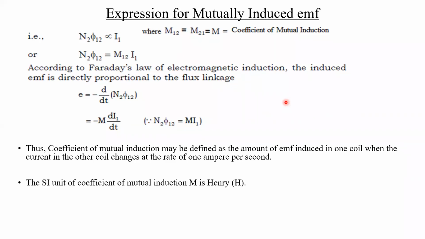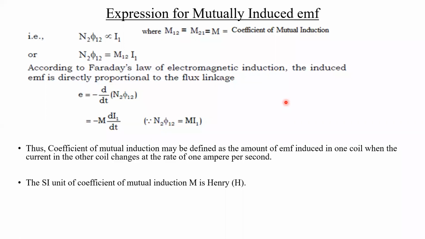Thus, the coefficient of mutual inductance may be defined as the amount of EMF induced in one coil when the current in the other coil changes at a rate of 1 ampere per second. The SI unit of coefficient of mutual inductance is also Henry. So we had a formula E is equal to L di by dt. Now we have another formula: the EMF induced in coil 2, E2, is equal to M into di1 by dt.